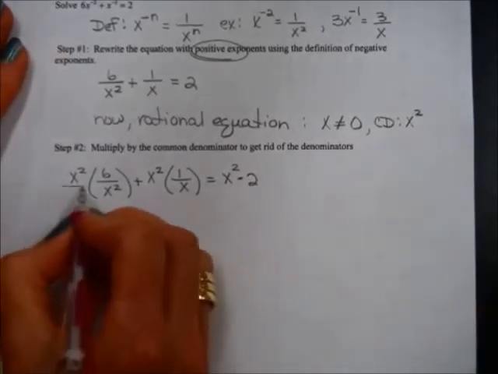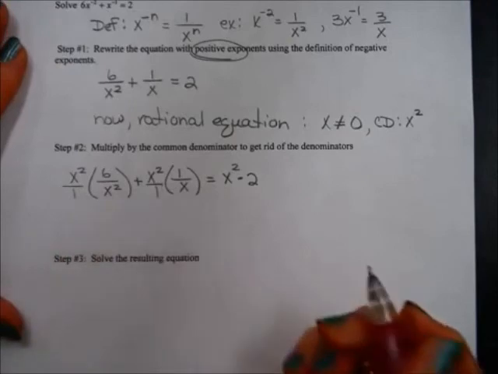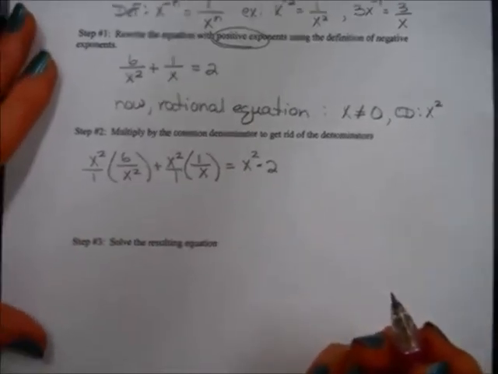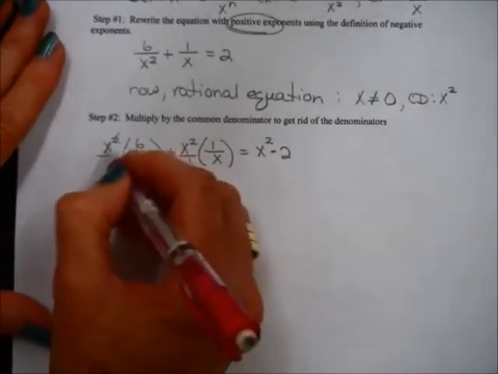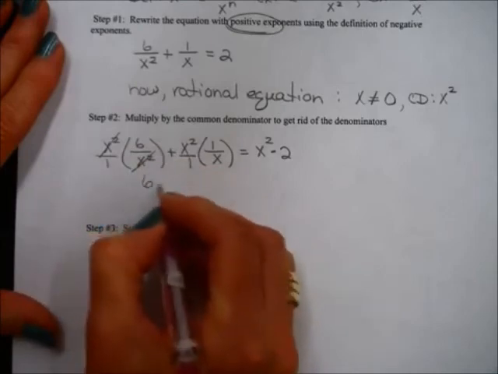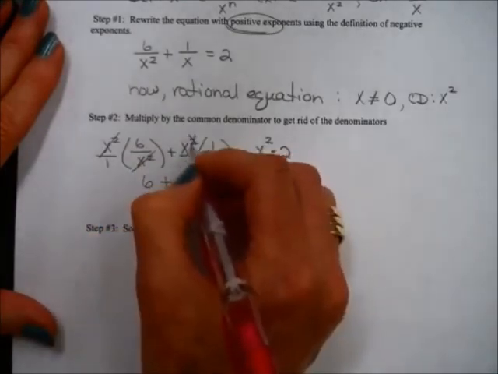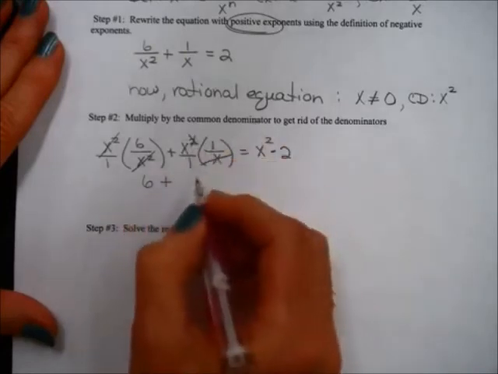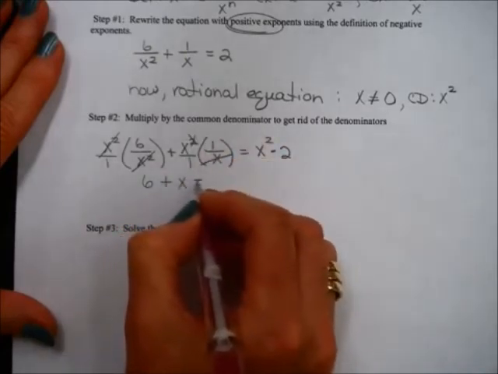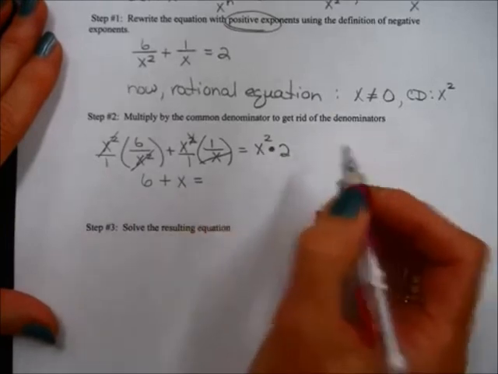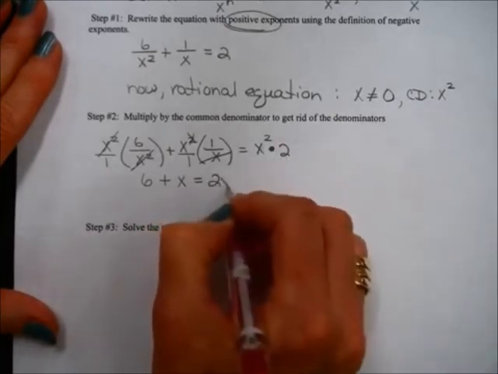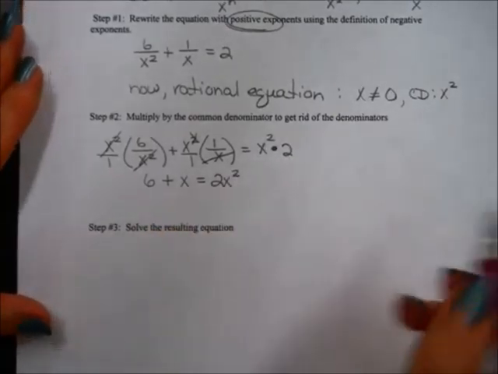If you need to put these over 1, put these over 1, but remember denominators cancel. We're getting rid of fractions. X squared cancels, 6 plus. That x cancels with one of those, and I have 1 times x, which is x, equals 2 times x squared, which is 2x squared.